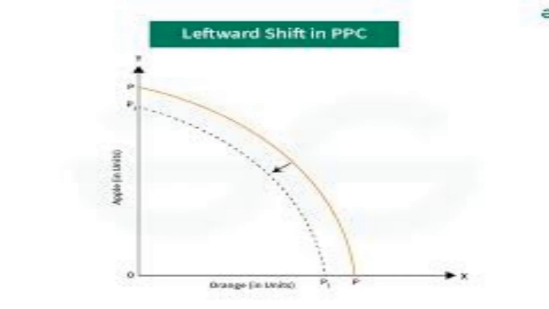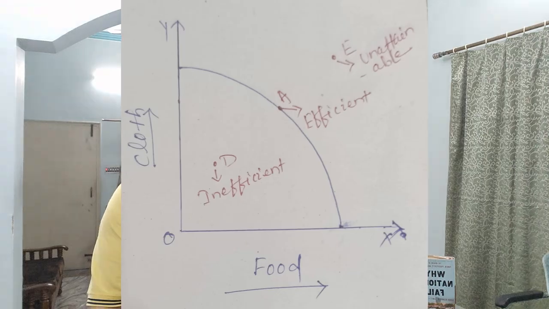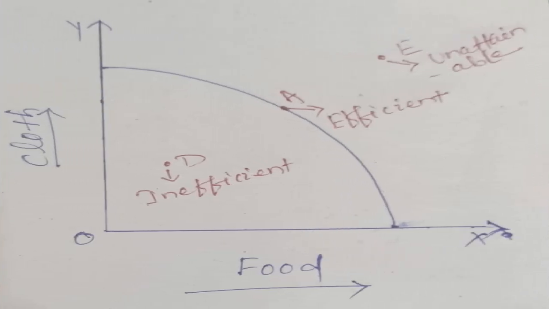But if the economy is operating along the PPC, then it means that resources are being allocated efficiently or optimally. If the economy is operating below any point of the PPC, these are the points of inefficiency. That is, the economy is not allocating its resources in an efficient way.